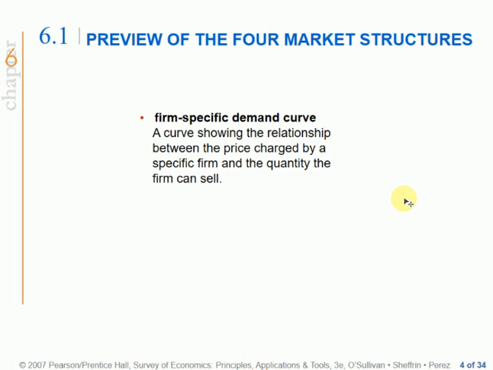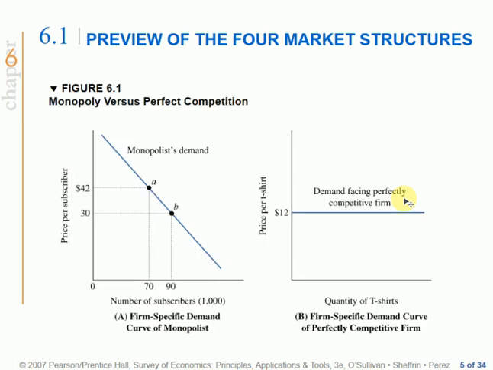Given these features, if we look at the firm-specific demand curve, which is the curve that shows the relationship between the price charged by a specific firm and the quantity the firm can sell, we will see that this curve is horizontal, meaning that the demand is perfectly elastic.